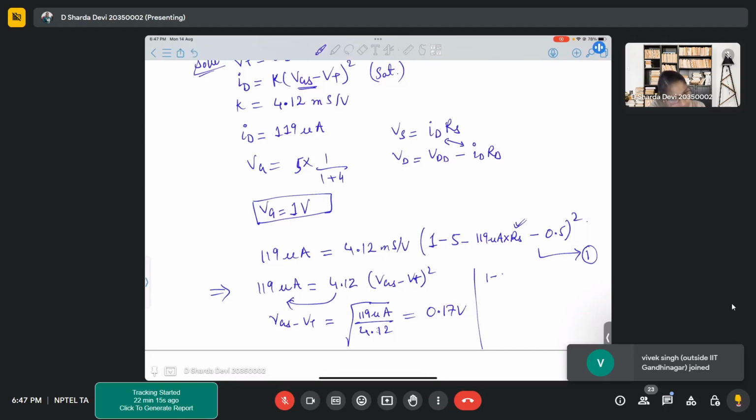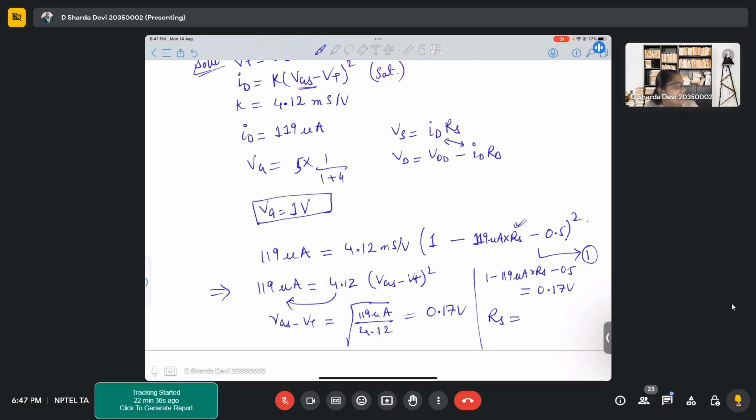So why 5 minus? This is VS. So here it will be 1 minus IS RS, IDRS. So 1 minus 119 microamperes into RS minus 0.5 is 0.17 volts, which gives us RS as 2.77 kilo ohms. So this is the value of RS that we will get.